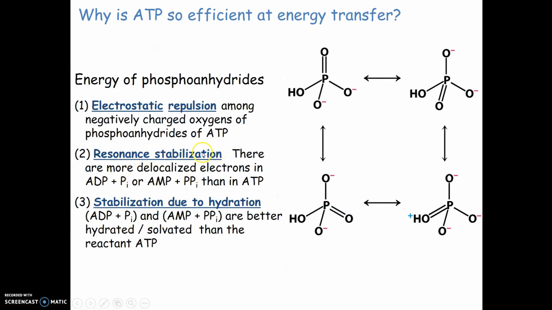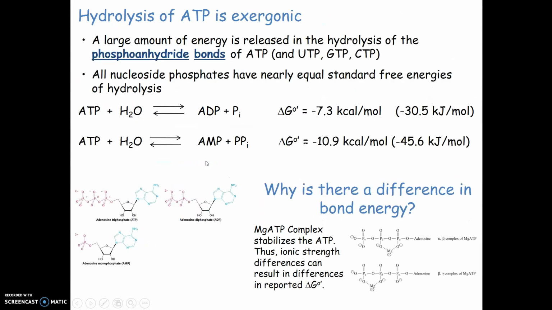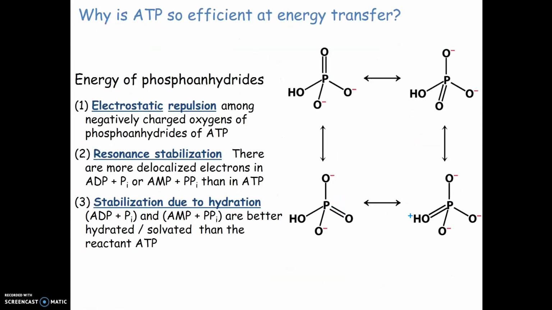We also have resonance stabilization. So if we look at phosphate here, we have lots of different resonance structures, which we'll see on the other slide, compared to the possible resonance structures in ATP. And as you know from organic, the more resonance structures we have, the more stable, the lower in energy your molecule. And so if we look at all of the various resonance structures for a phosphate group, we have 4 different resonance structures.